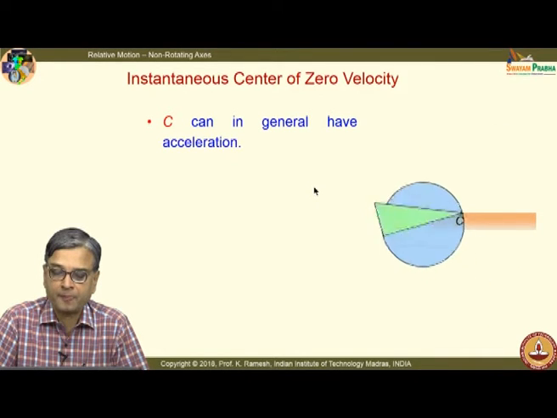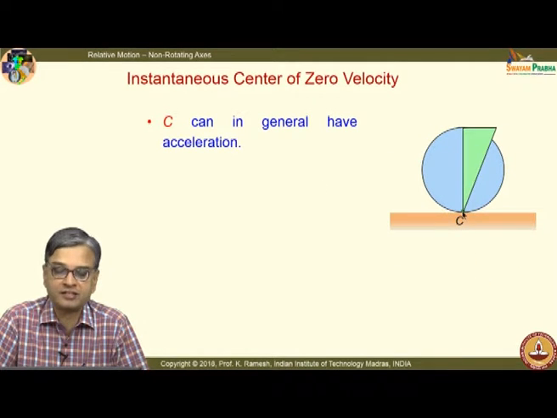rolling of a wheel. You have this as the instantaneous center of rotation. So, the point C in general can have an acceleration.